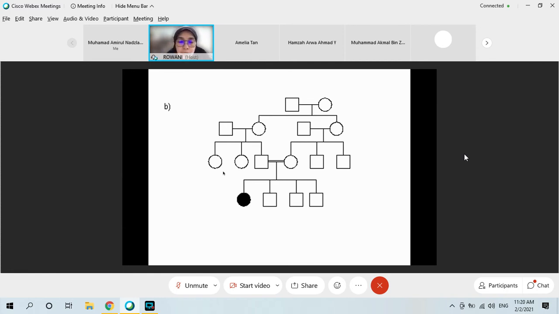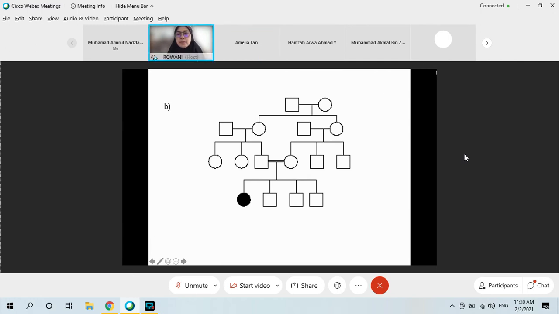Do you think this genetic defect is due to which inheritance, based on this finding? X-linked recessive or autosomal recessive.